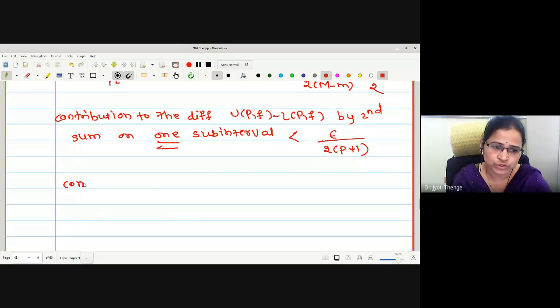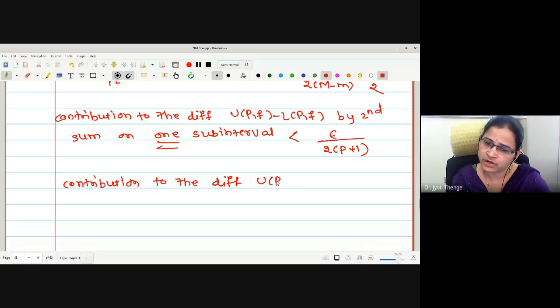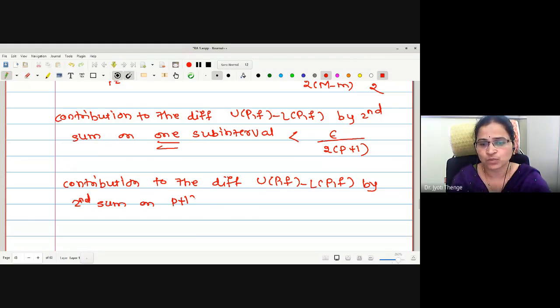Therefore, the contribution to the difference UPF minus LPF by the second sum on p plus 1 subintervals: on one subinterval we have made it less than epsilon upon 2 times p plus 1.